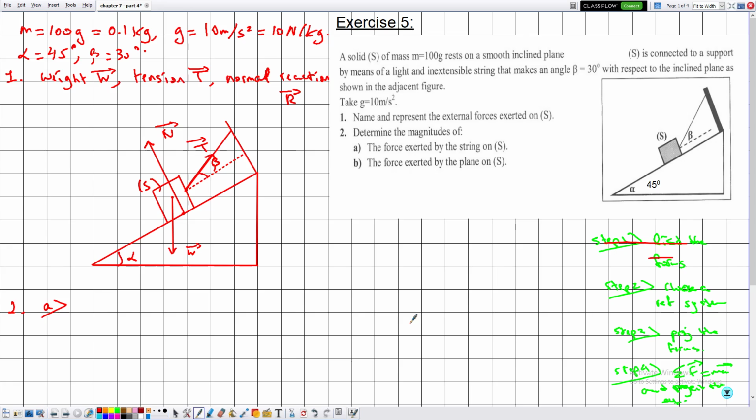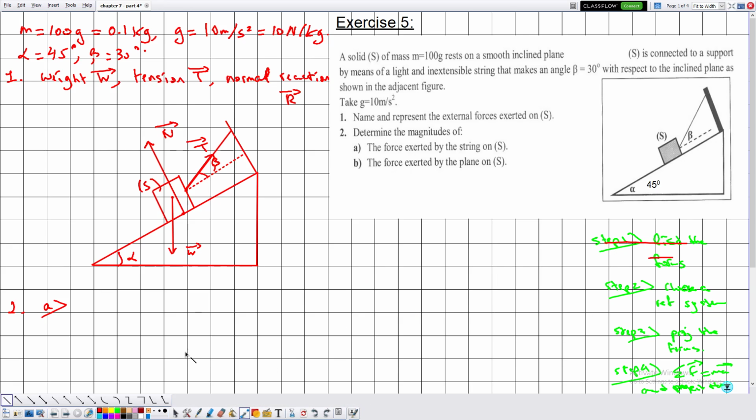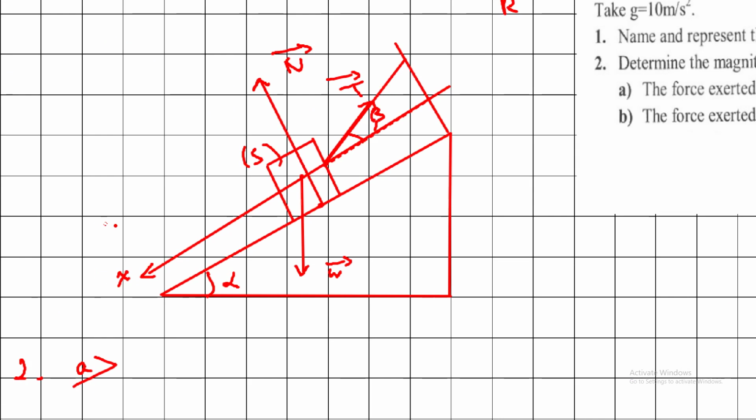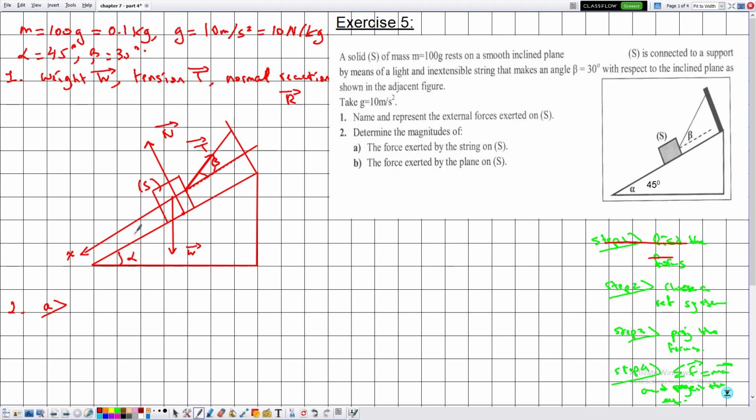Now let's choose a reference system. In this case, we will choose the reference system to be like this. Whenever we have an inclined plane, we take the x-axis to be parallel to the inclined plane. Notice that I have chosen the positive direction to be like this and not this, because if the string is cut, then the solid S will slide along the inclined plane.